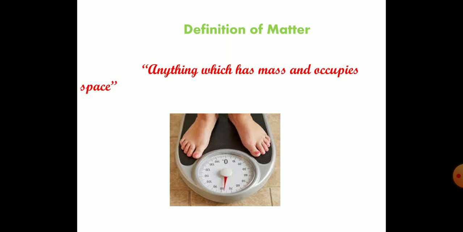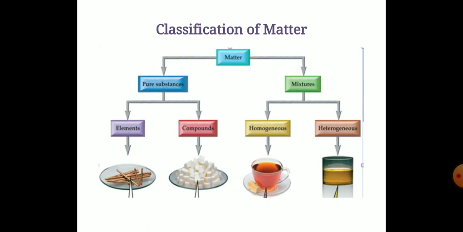Now we are going to study the classification of matter, how it is classified. Dear students, generally we have two different types of classification. One is physical classification and the other is chemical classification. Here in this flowchart, I have taken only the chemical classification.